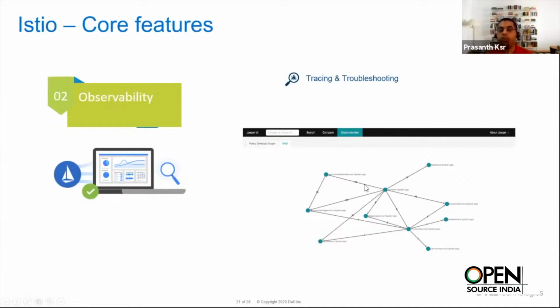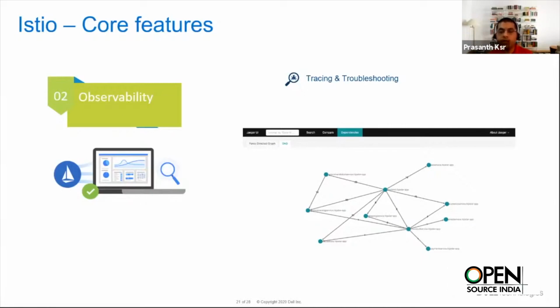Not only at that top level, as I mentioned, you can track even a single request: which various microservices it has been hopping through and where it is taking more time. It allows you to go to that deeper level. It's not like a 10,000 feet view of a problem. It rather gives you a 10 feet view, saying that this is the exact place where it has been having latency for a long time. This actually helps you to trace and troubleshoot.